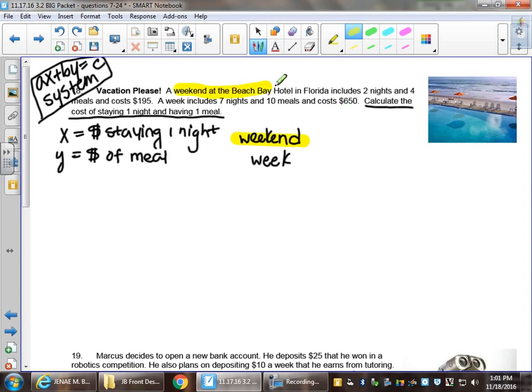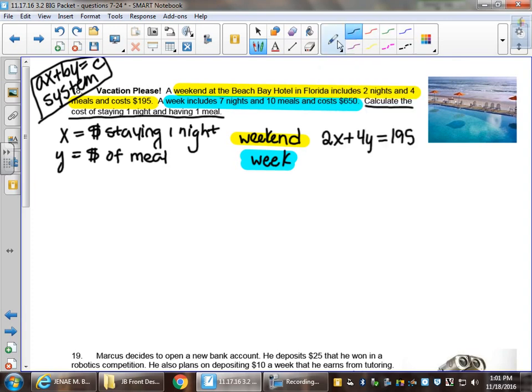I'm told a weekend at this hotel in Florida includes 2 nights and 4 meals, costs you $195. So 2 nights would be 2x plus 4 meals, 4y, because y is the cost of a meal, for a total bill of $195. Let's see what we know about the week. A week includes 7 nights and 10 meals, costs $650. So this would be 7x plus 10y equals 650.